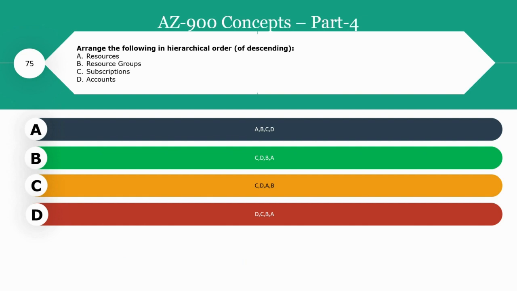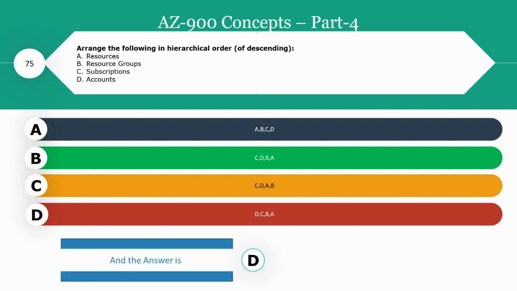A subscription can have multiple resource groups, and a group can have multiple resources associated. So the right order would be accounts, subscription, then resource group, then resources. That's in the descending way. So the right answer for this question is option D, that is DCBA.